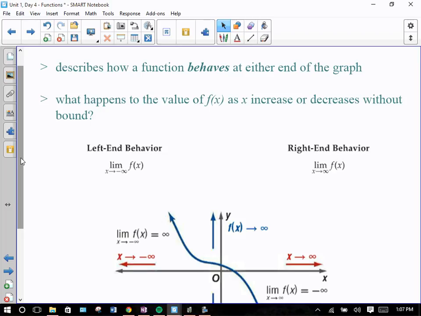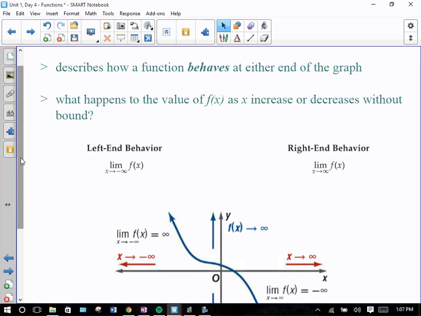So typically if I'm asking you what is the end behavior on the left, you're going to say the limit as x approaches negative infinity of f of x. If I'm asking you on the right-hand side, the limit as x approaches infinity of f of x. Because infinity is off to the right, negative infinity is off to the left.